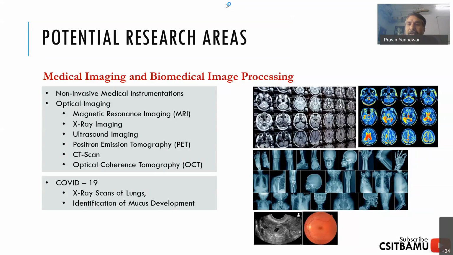In this tough time of COVID-19, one company present in Nashik has come up with a very interesting solution: scanning the lungs, taking an X-ray image of the lungs, and identifying the penetration of COVID, right? The people are investing their time to understand whether we can reduce the cost of testing.